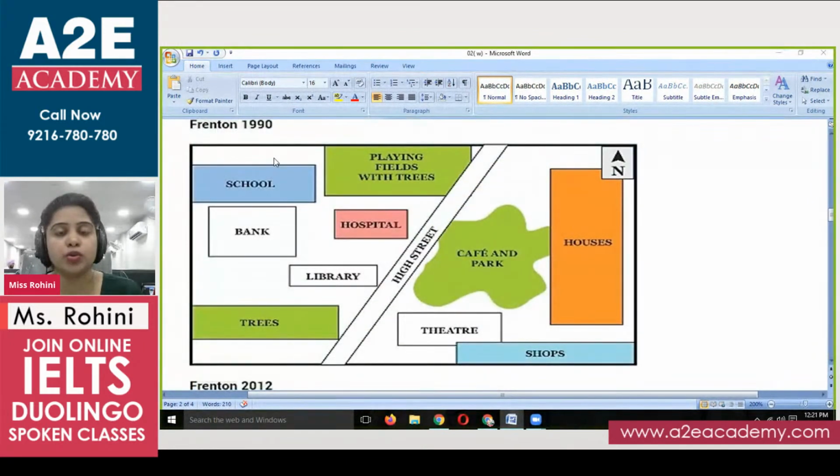Okay, इसी में से हम कुछ word use कर लेते हैं. At the first glance, in year 1919 Frinton, there was a plain field with trees located at the top of the map.